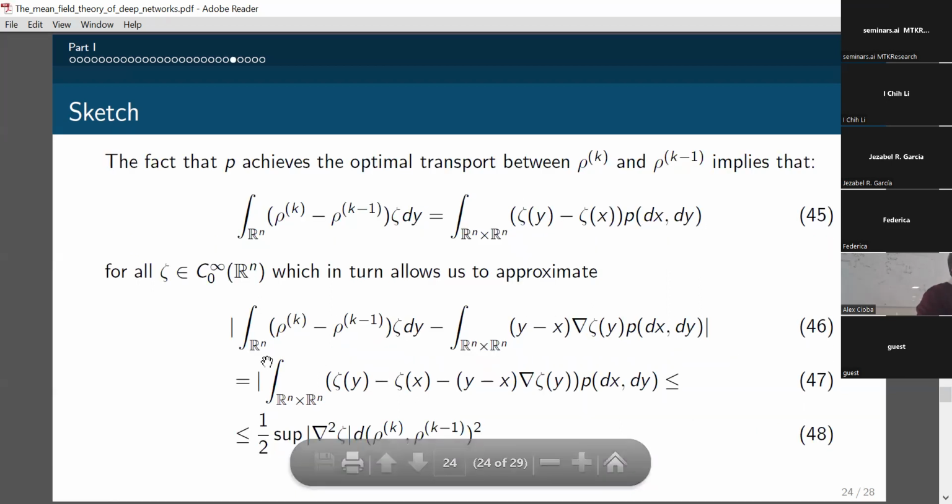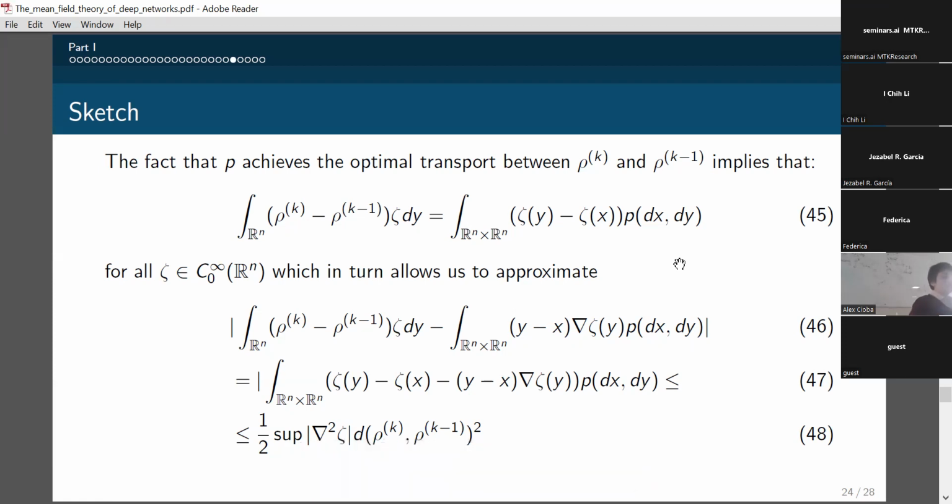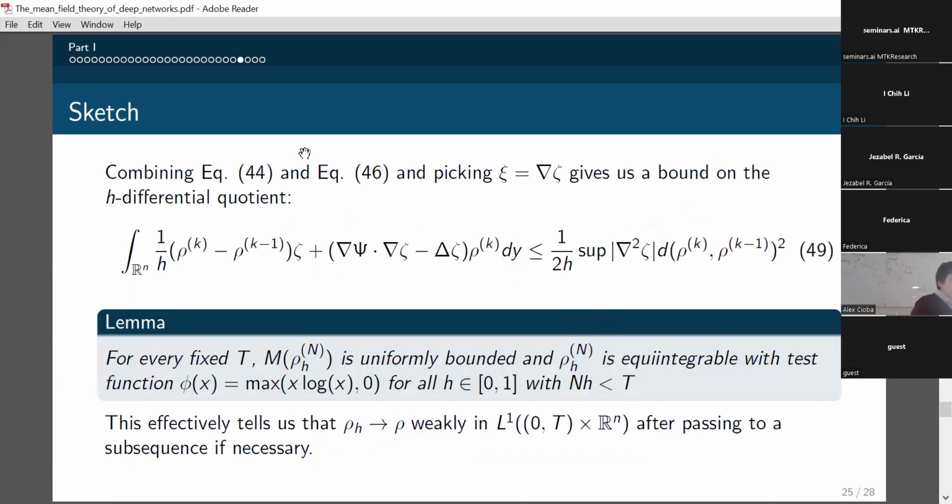left-hand side. So you can approximate the difference between these two by the supremum of the Laplacian of zeta and the Wasserstein distance between rho k and rho k minus 1. Okay, so in particular, by making the choice that psi is the gradient of zeta, this allows you to express the differential quotient between rho k and rho k minus 1, plus the right-hand side of the Fokker-Planck equation, the integral right-hand side.